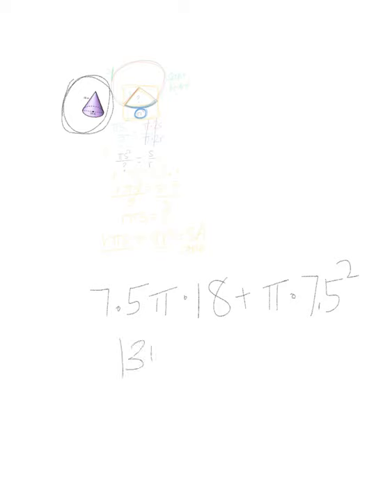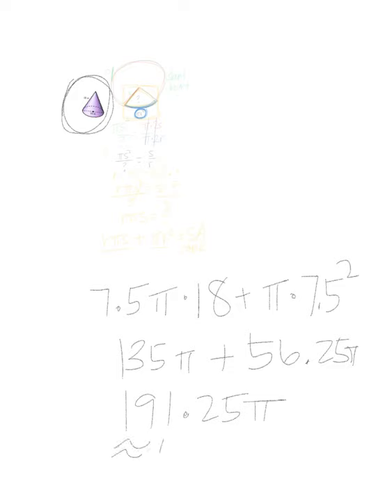It's 135 pi plus 7.5 times 7.5, 56.25 pi. So add those together and you get 191.25 pi. But again, I think in your homework, I'm going to have you times that by 3.14 and get an approximate answer, which is 600.525.